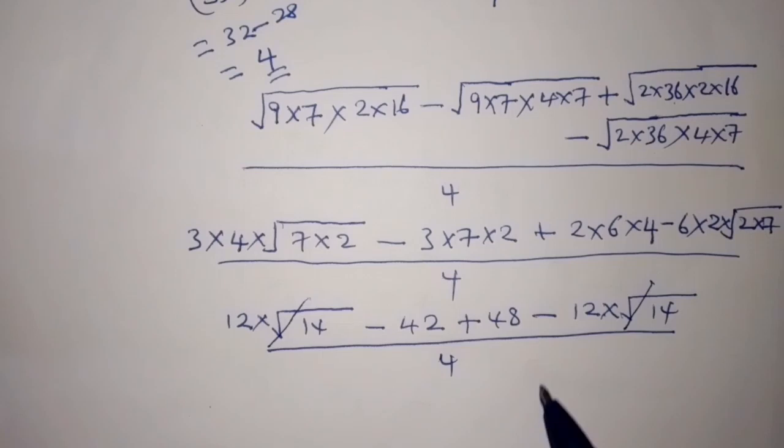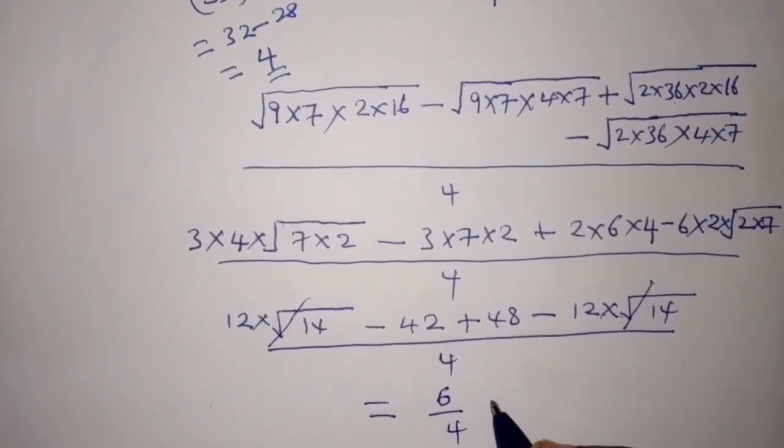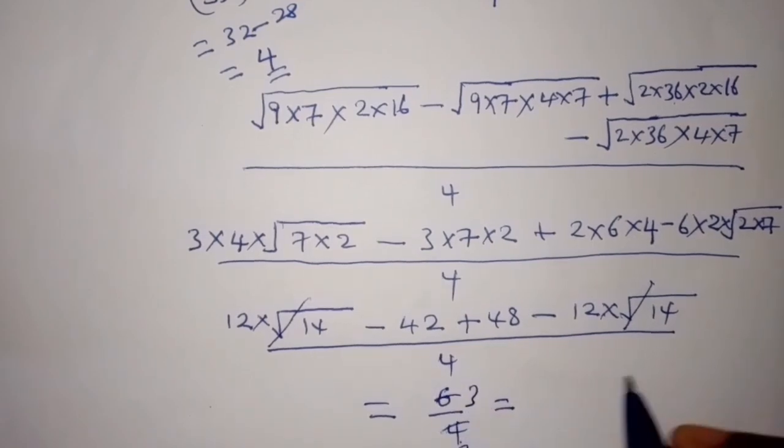Now we remain with negative 42 plus 48, which is giving us a positive 6 over 4, which simplifies to 3 over 2. 2 goes into 3 one time, remainder 1.